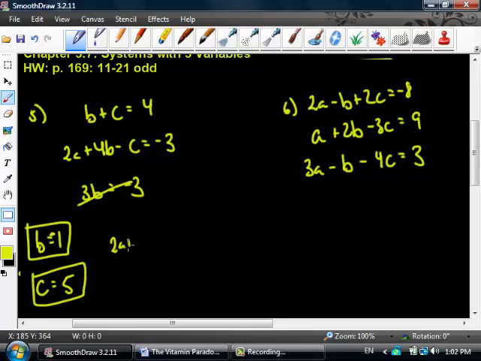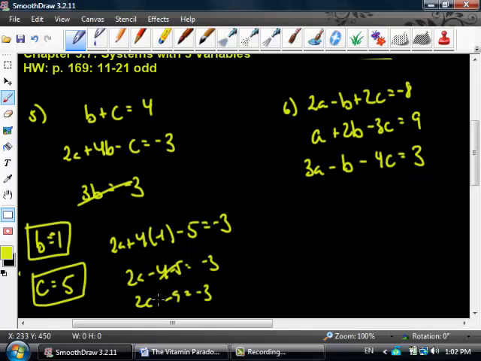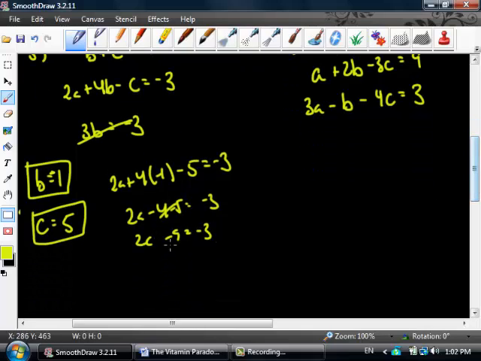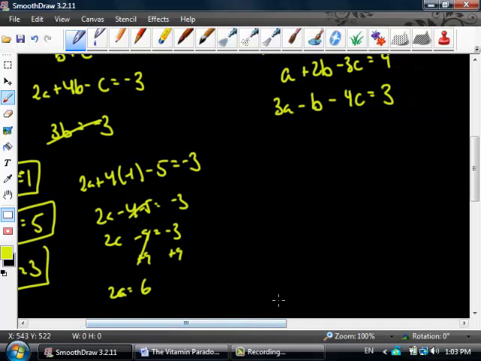And then 2a plus 4 times negative 1 minus 5 equals negative 3. 2a minus 4 minus 5 equals negative 3. So this is negative 9. That would be, what is this? 6? 2a equals 6. A equals 3. 3, negative 1, 5, yes? Easy one, right? Okay, hard one.